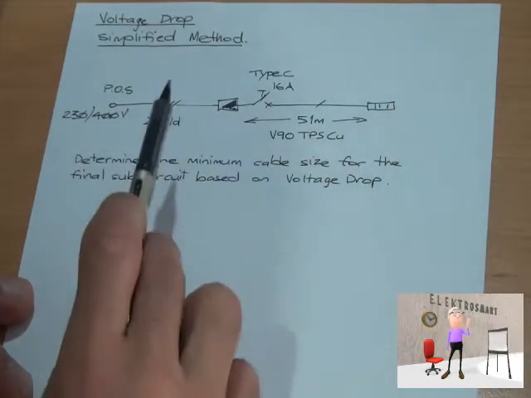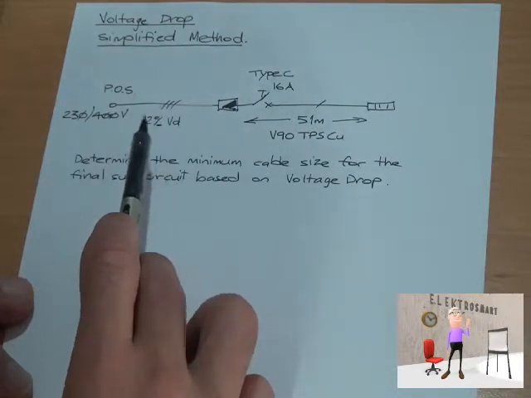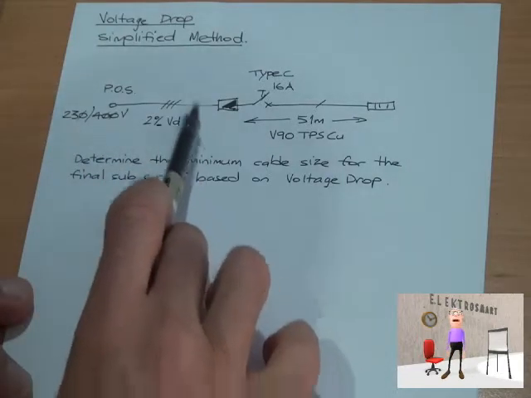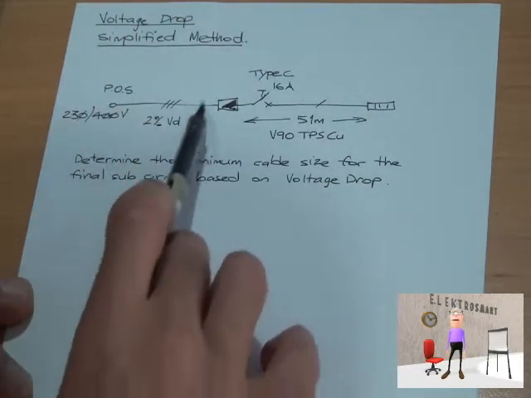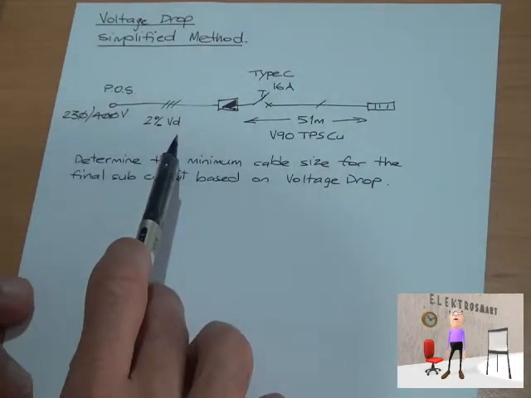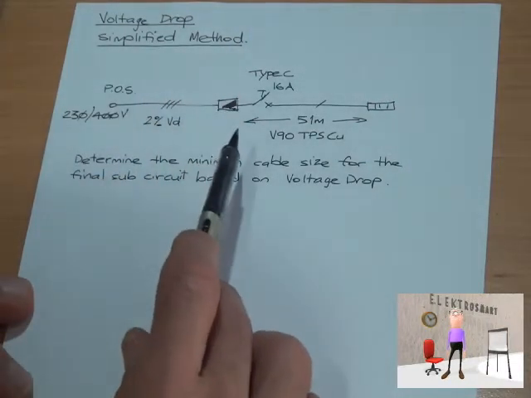So that means if we have a maximum of 5% available, then we've already dropped 2% on this consumer main. Now they haven't given us any information about the consumer main. We don't have to calculate it. They're simply stating that we've lost 2%, which makes this question significantly easier. So that means we have 3% remaining.